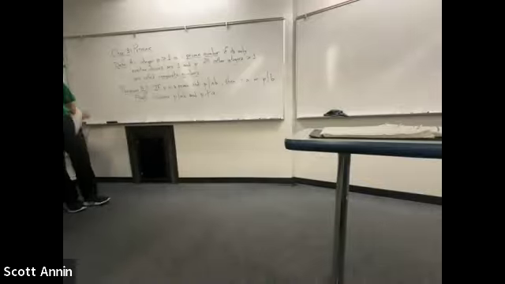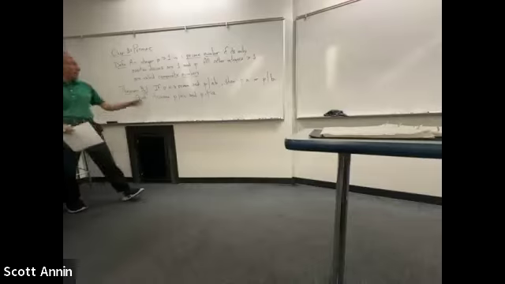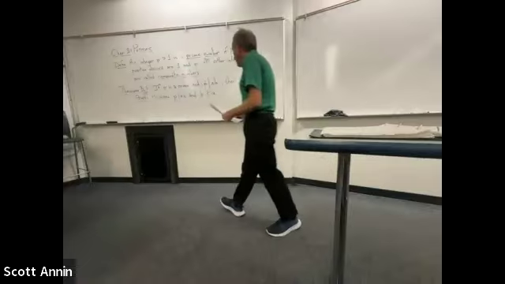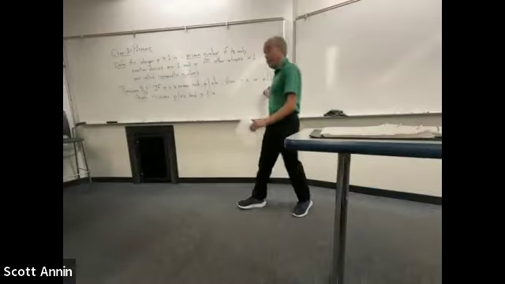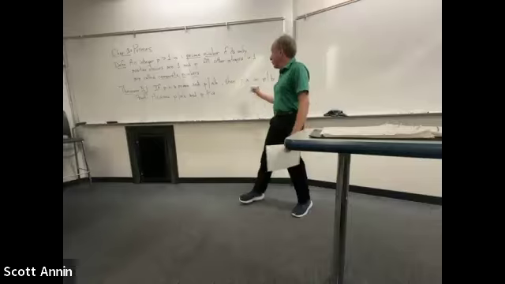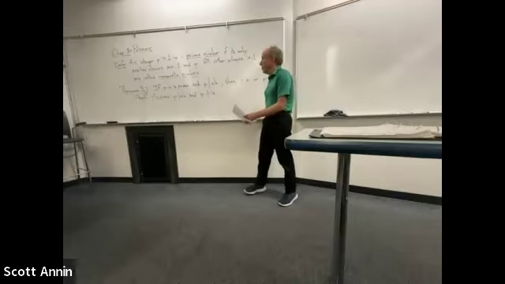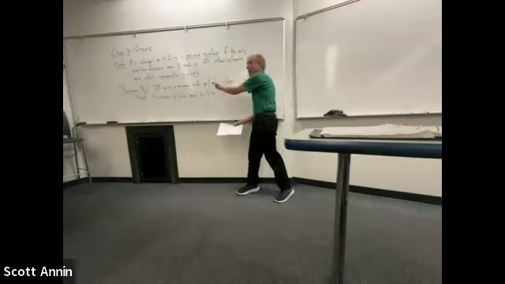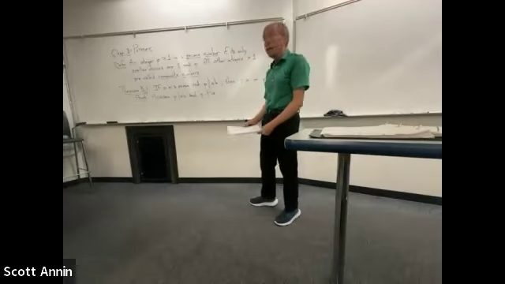So p does not divide a. So p divides ab and does not divide a. And then we will show that therefore p divides b. In other words, if p did divide a, then we're already done. And so therefore we may assume that p does not divide a and go from there.